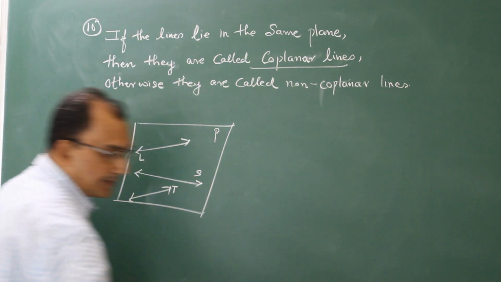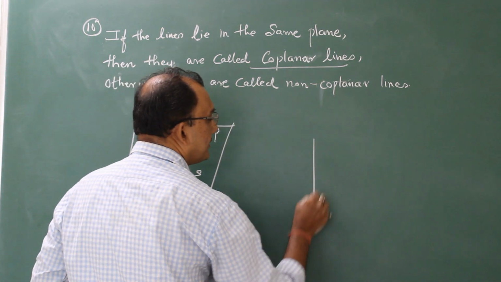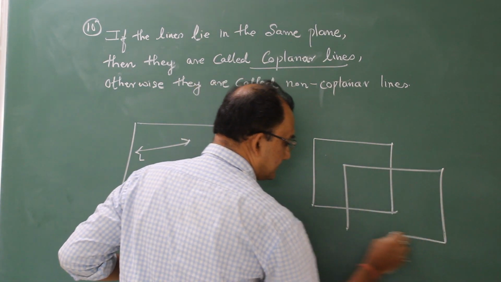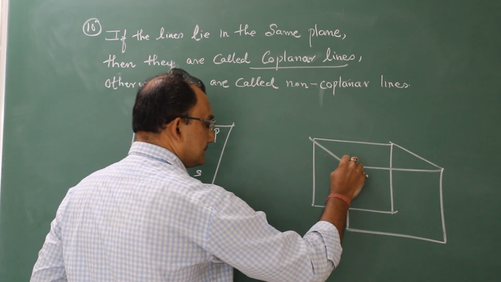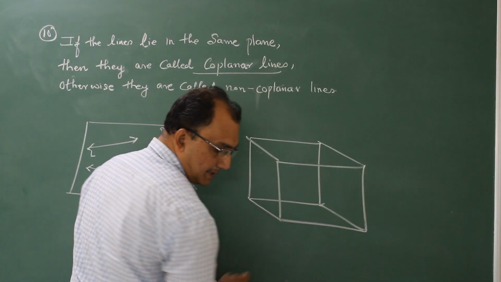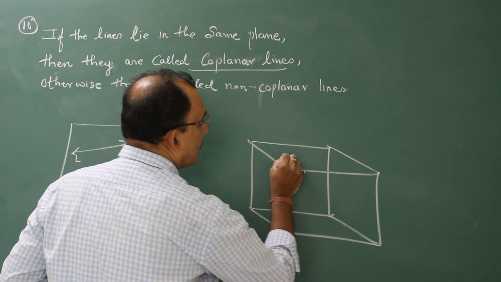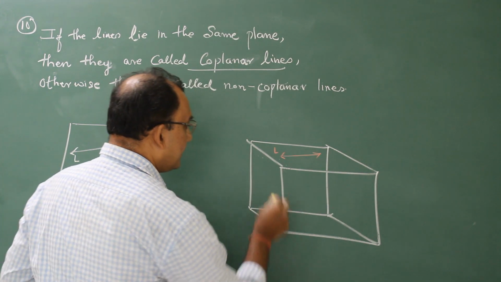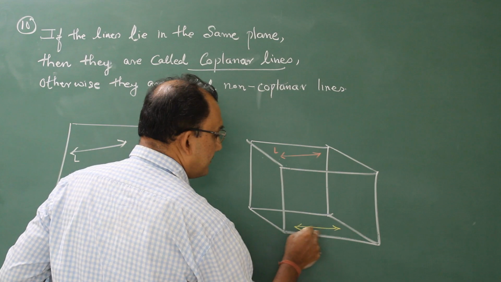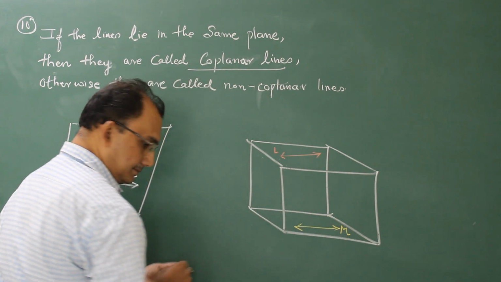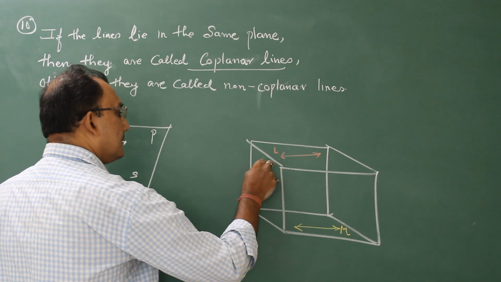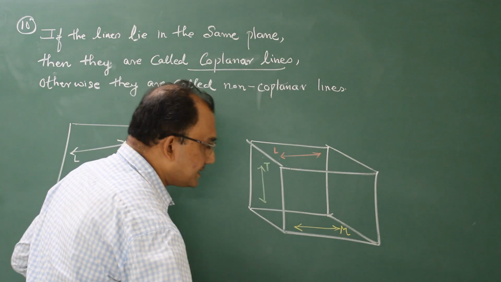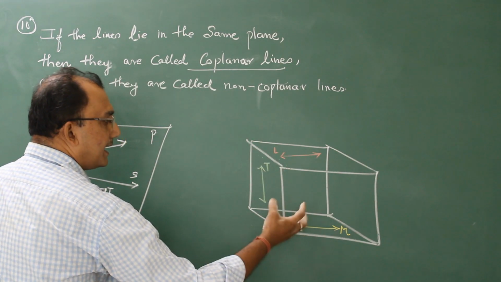On the other hand, suppose we have a plane in this form. Here, the lines are line L, line M, line T. Here we see, none of these particular lines are lying on the same plane.